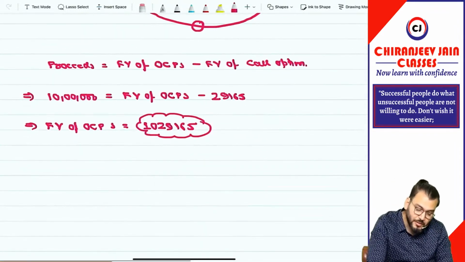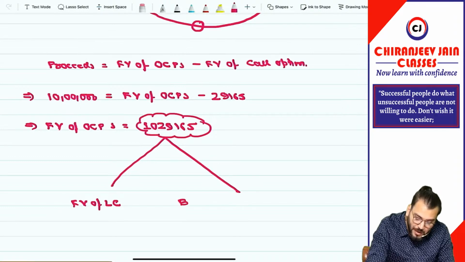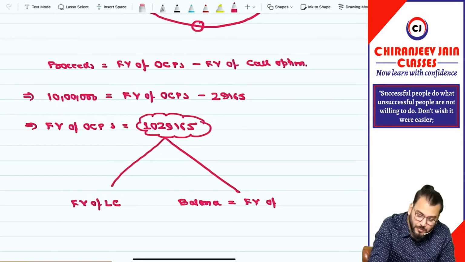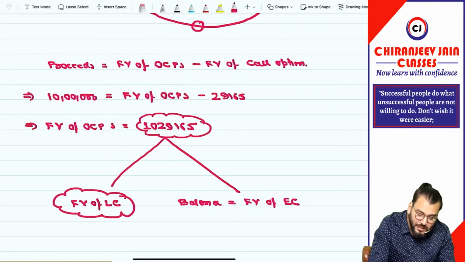Now out of these, some portion will be what? Fair value of liability component. And balance will be what? Balance will be fair value of equity component. Now you know how to calculate fair value of liability component, that we can find out.